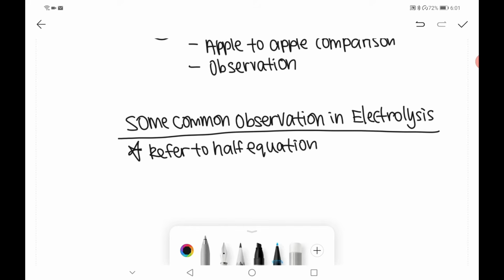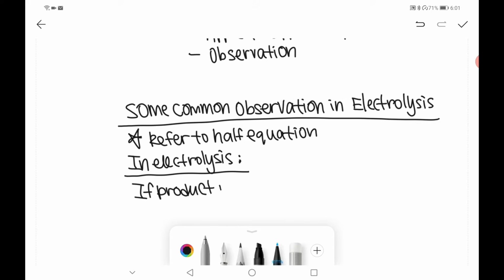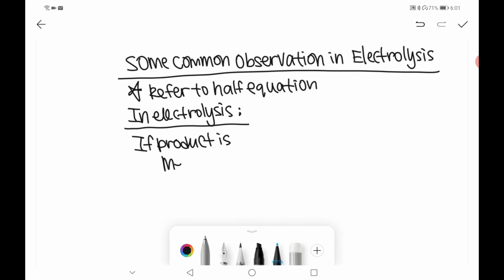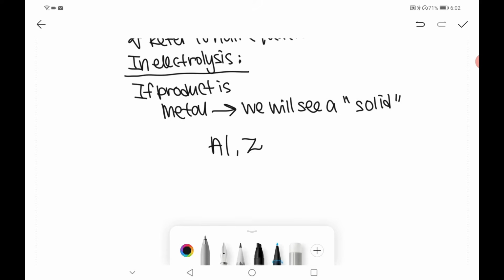So when you come to electrolysis, what do you need to do? If you refer to the half equation and notice that the final product is a metal, we will be able to see a solid. Let's say your final product is aluminium or zinc, you will see a solid.